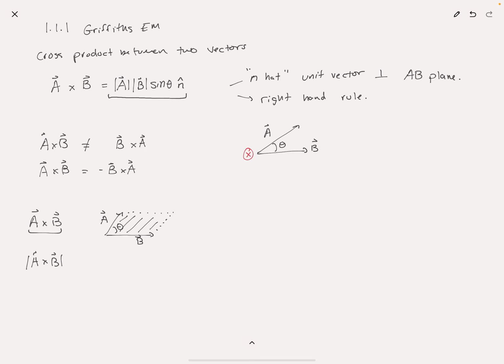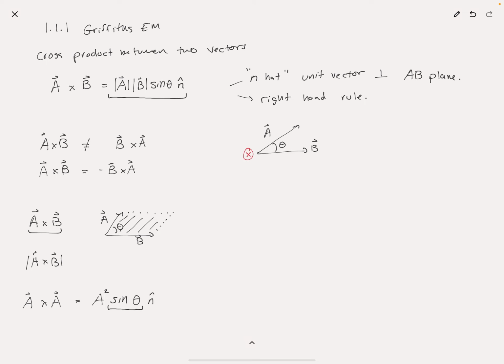Okay, another important feature here, just like we did the dot product with a vector with itself to define the law of cosines, we can do the cross product of a vector with itself. This becomes, I'll continue with my notation where I don't use the magnitude bars and no vectors, A squared times sine of the angle between A and A, and the direction that we have to specify with the cross product.